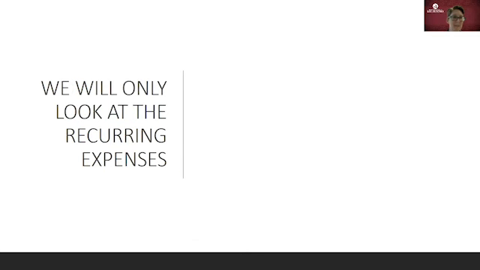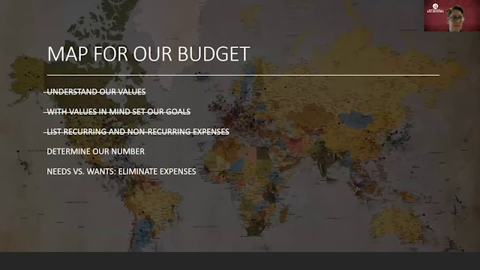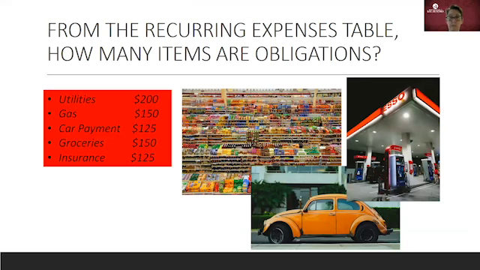Okay. So let's look at the recurring expenses. Groceries, gas, utilities, car payment, insurance, food, shopping, transportation, travel, gaming, etc. We threw a little fun stuff in there. Okay, so we have all those. Now let's determine the number. These are going to be obligations. Obligations, what do you think those are going to be? So we have utilities, gas, car payment, groceries, insurance.